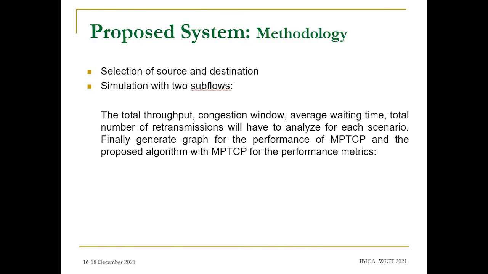As one can see in the next slide, the next steps are selection of source and destination and simulation with the two subflows. The total throughput, congestion window, average waiting time, and total number of retransmissions will have to be analyzed for each scenario. Finally, generate a graph for the performance of MPTCP and the proposed algorithm with MPTCP for the performance metrics.